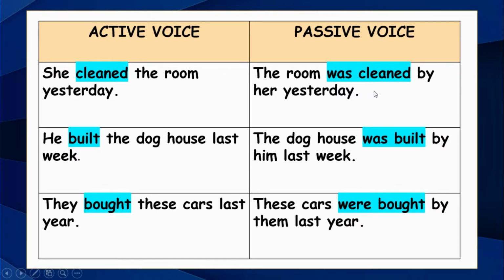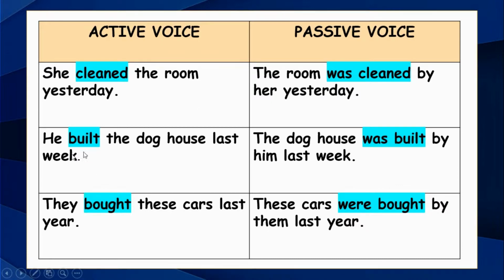Of course, for this verb, both V2 and V3 are one and the same. Okay, and was is the auxiliary be form added to it. Was cleaned by her. She is the subject in active voice sentence and its objective form is her. Okay, so this is how we should convert active voice sentence to passive voice.